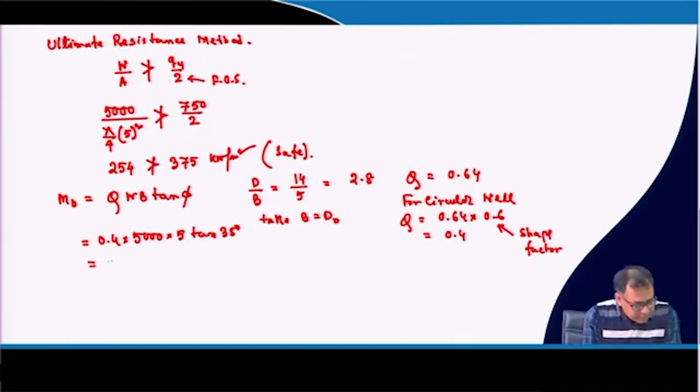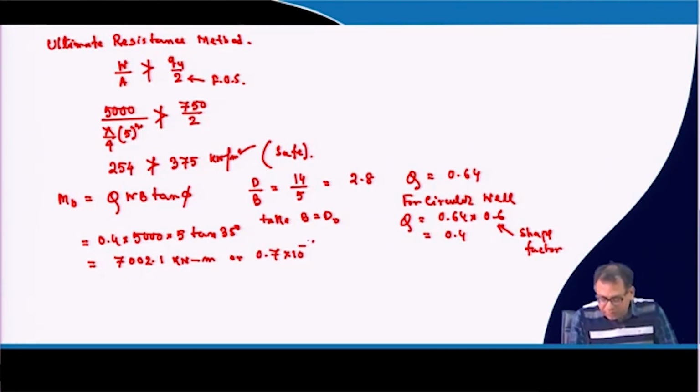So, that is equal to 7002.1 kilonewton meter, or 0.7 into 10 to the power 4 kilonewton meter.